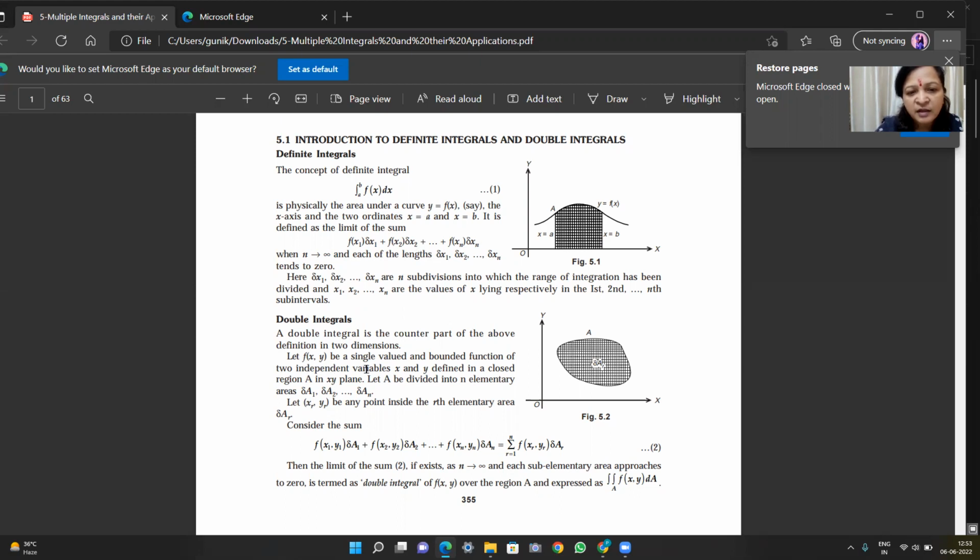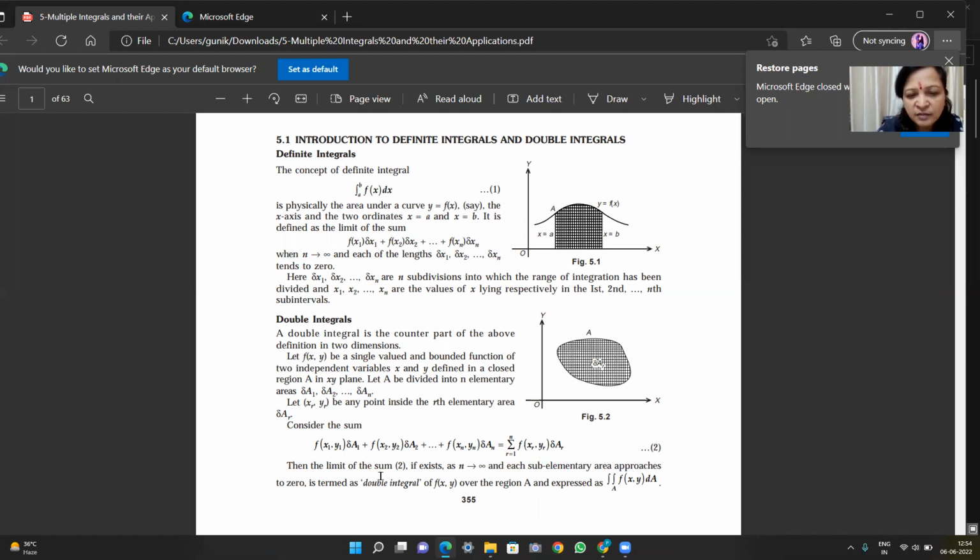If f(x,y) be a single valued and bounded function of two independent variables x and y defined in a closed region A in the xy plane, and let the total area A be divided into n elementary parts, del A1, A2, An in this way, and let (xr, yr) be any point inside the rth elementary area, then we consider the sum f(x1,y1) del A1 plus f(x2,y2) del A2 and so on, and this is sigma r equal to 1 to n f(xr,yr) del Ar.